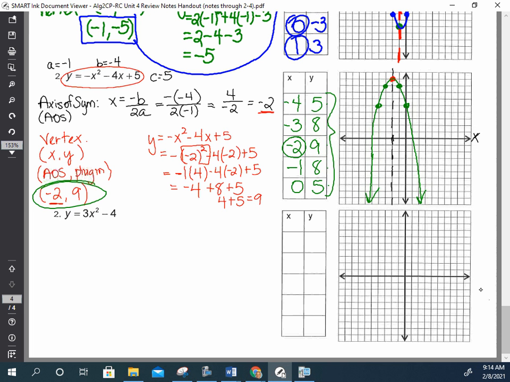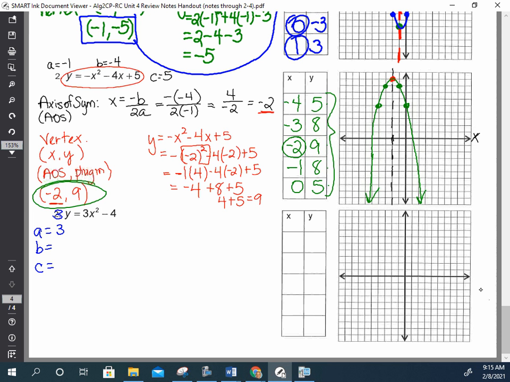All right, so last example, should say example 3. 5 equals 3x squared minus 4. So again, we solve the problem the exact same way. So you get it out of the way. So you have A, B, and C. A is 3.